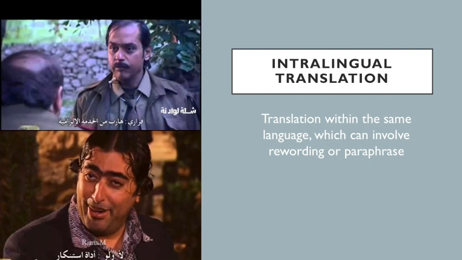So what they try to do, they try to provide intralingual translation to some of the difficult words to make the series accessible to all people in the Arab world. For example, we can see the word frari. It is translated as Hatim al-Ilzamiya. So this is a type of intralingual translation.